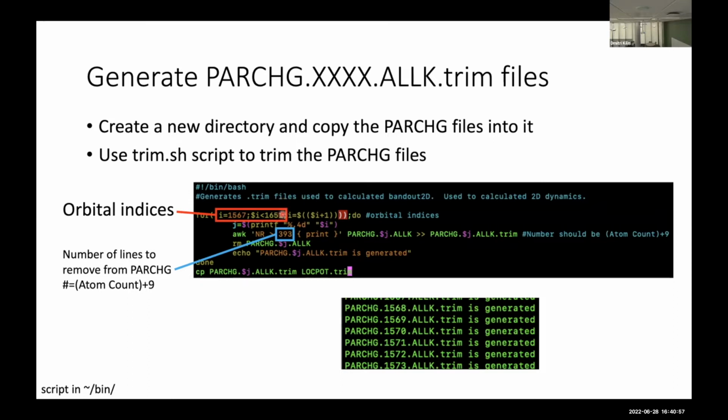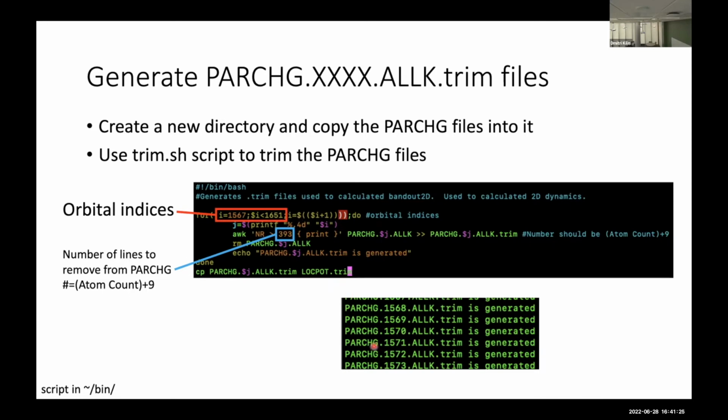What the script does is it takes the part charge files and converts them into a form that MATLAB can read. The things to look for here in the red box are your orbital indexes. And in the blue box is the number of lines to delete from the part charge file, which should be your atom count plus 9.